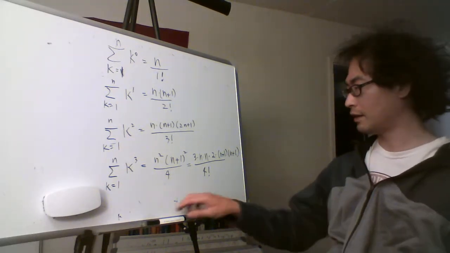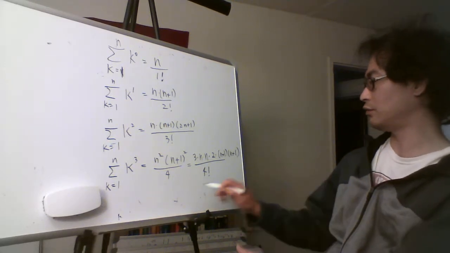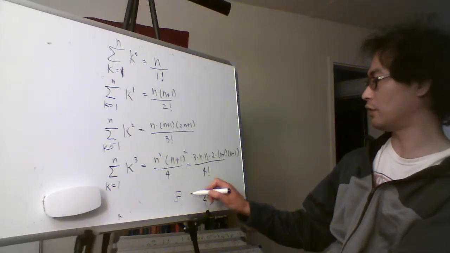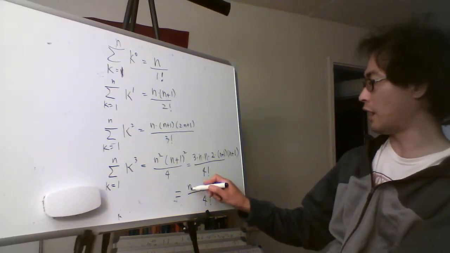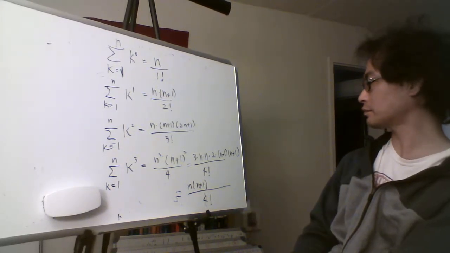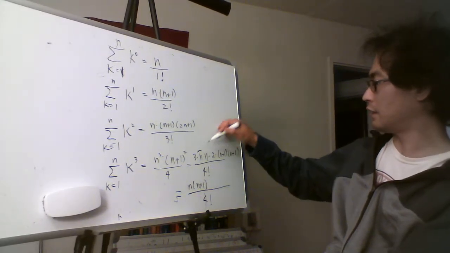Let's rearrange that. You have 4 factorial here, right? And you have n times n plus 1, right? This guy.